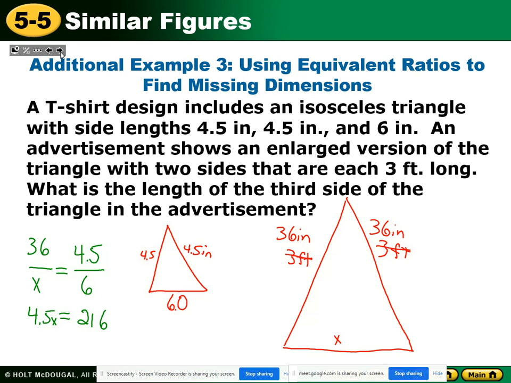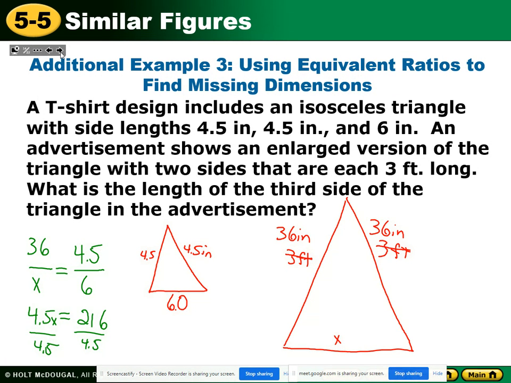All right. And then what do we do, Tori? Divide. All right. Divide by what? 4.5. All right. And 216 divided by 4.5? 0.005. I think you did it backwards. Yeah, I did. All right. What's that? 48.